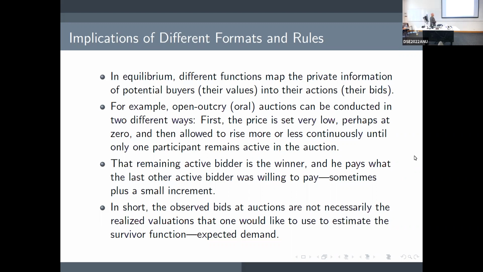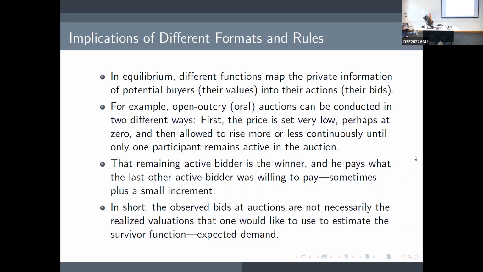So what to do? Well, in economics, there's typically three fundamental hypotheses that we invoke. The first one is that there is scarcity. So in the auction model, that's 1 unit for sale.